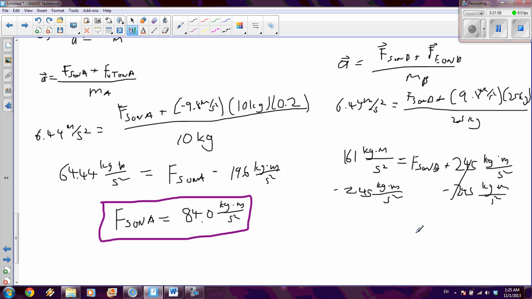And we end up with the force of string on B is equal to negative 84 newtons, or kilograms times meters per second squared.